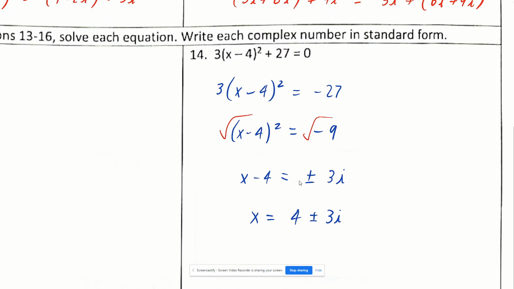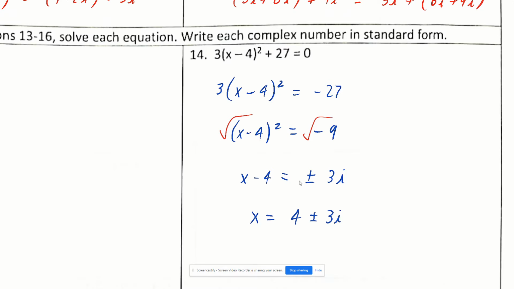Here's the difference. Because you have a binomial squared, it's going to mean that your solution is going to be some complex number, especially if you have imaginary solutions, which we do here. So look, I subtracted 27, I divided by 3, and then I took the square root at that point.